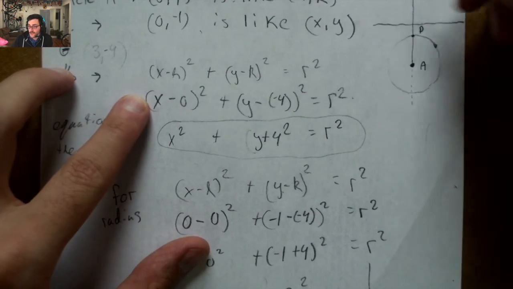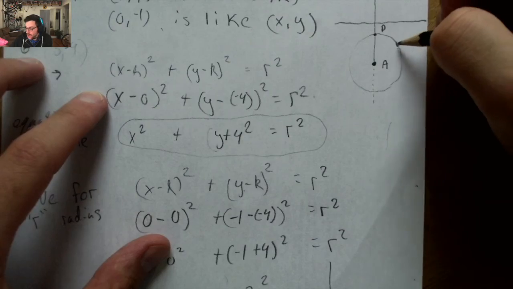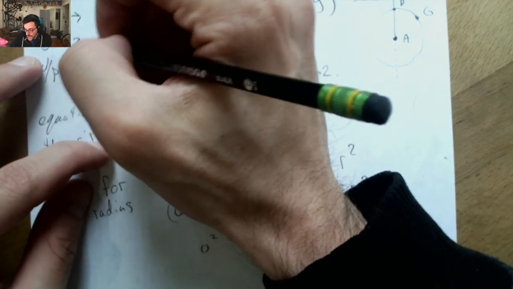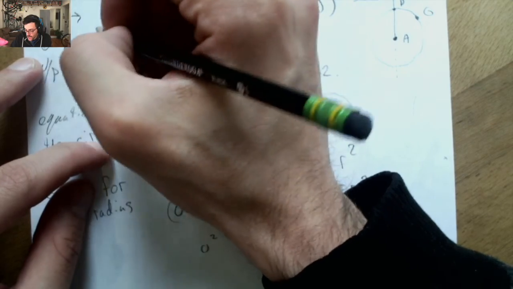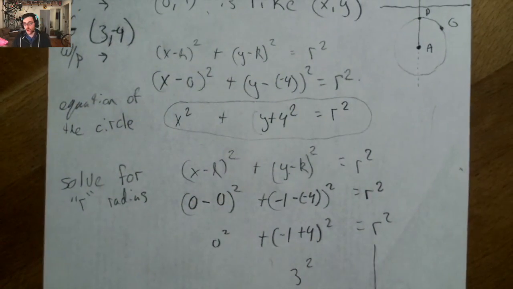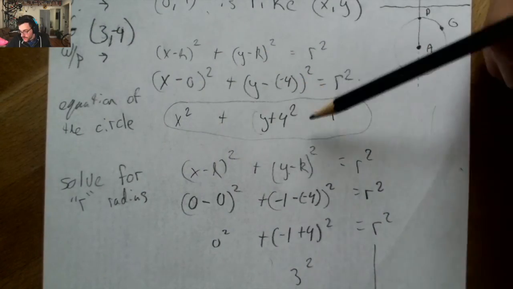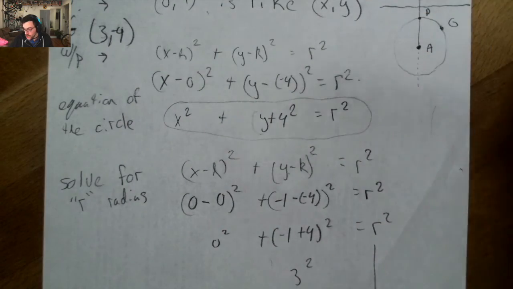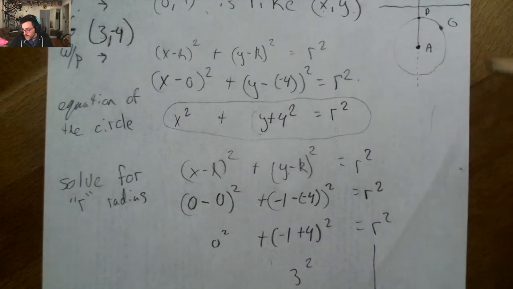For instance, if we were told we had another point that may or may not be on our circle, say point G with a value of 3 comma -4, you can insert those values into the equation, just like we did with point P, in our x and our y. H and K are going to stay the same, because that's where we're testing out from.